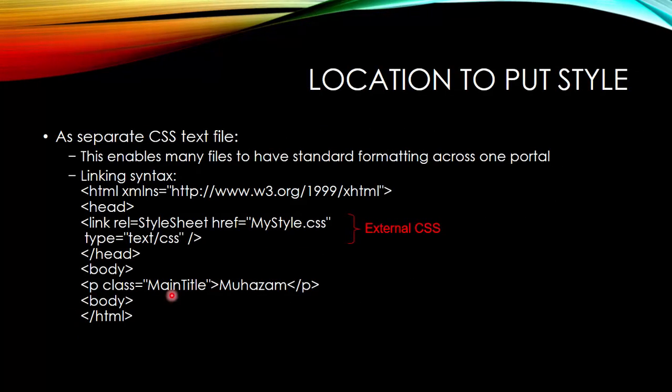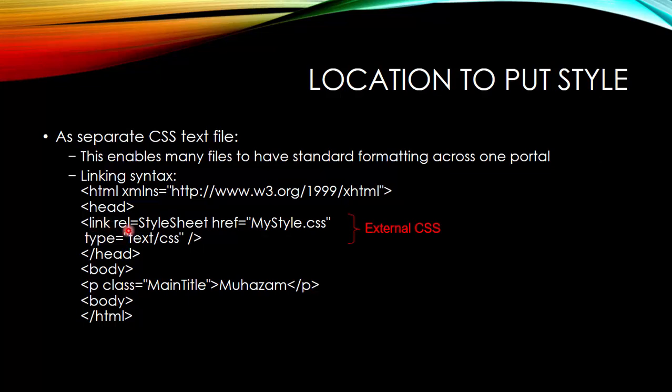The third way to do it is to centralize it in a separate file. We can save CSS code in .css file like this, and then we link it to the current HTML using this tag, the link tag.